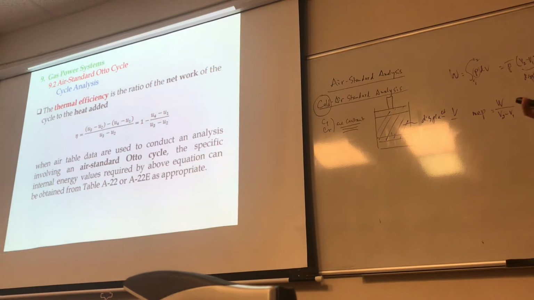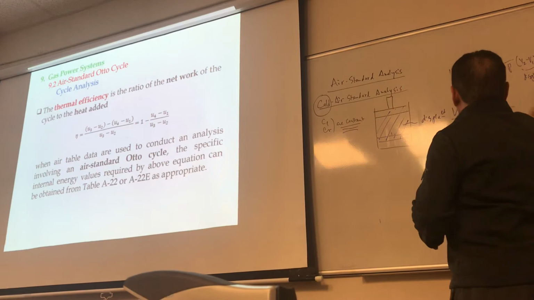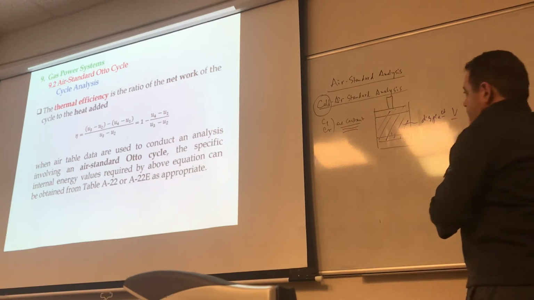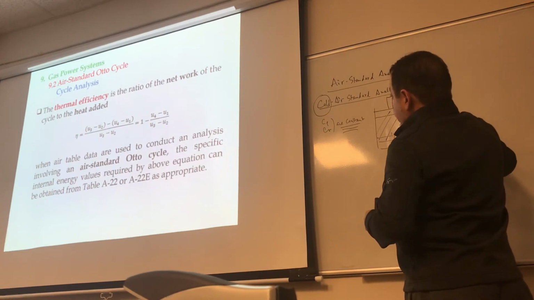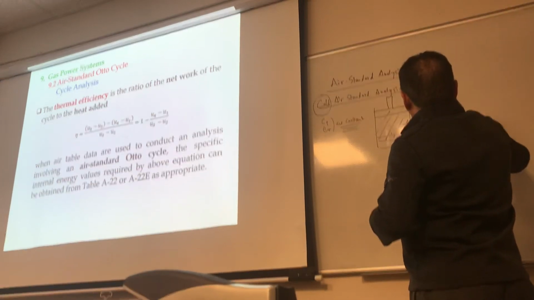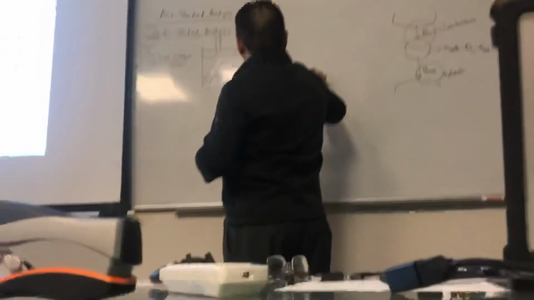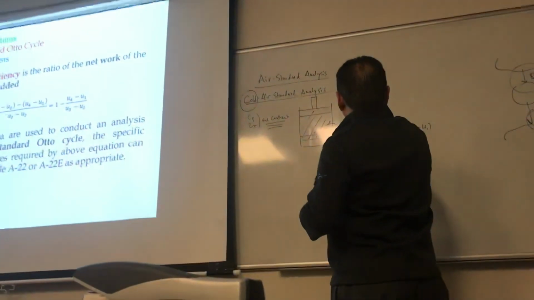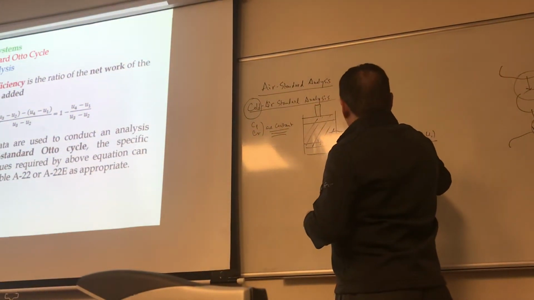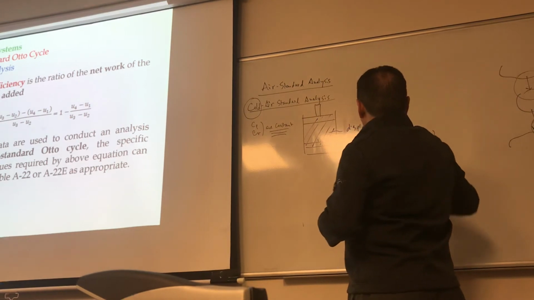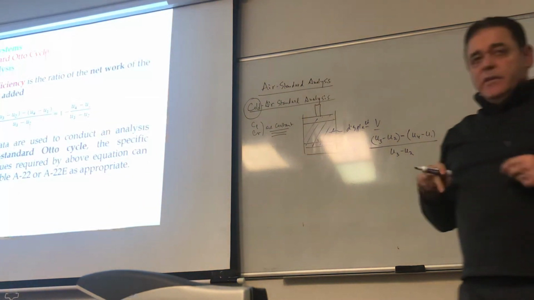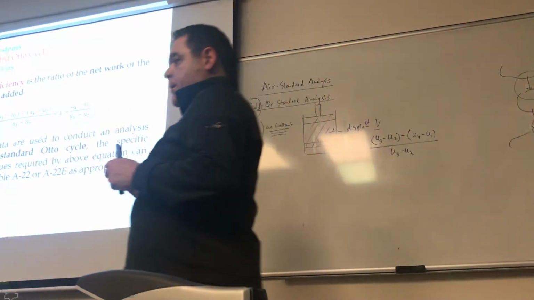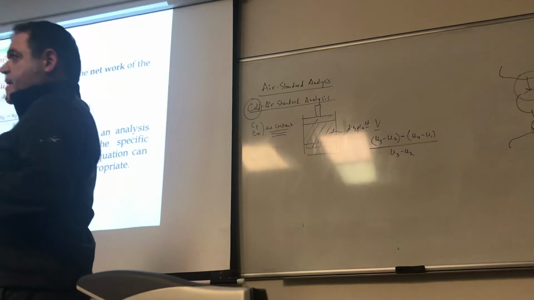The efficiency is equal to (U3 minus U2 minus (U4 minus U1)) divided by (U3 minus U2). First of all, why are we using the internal energy in here?